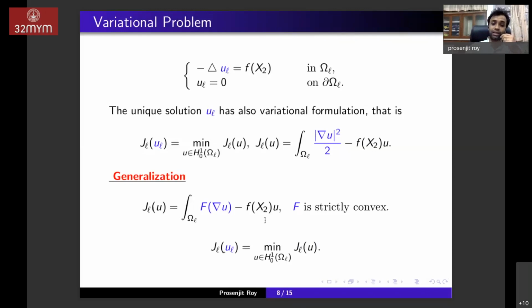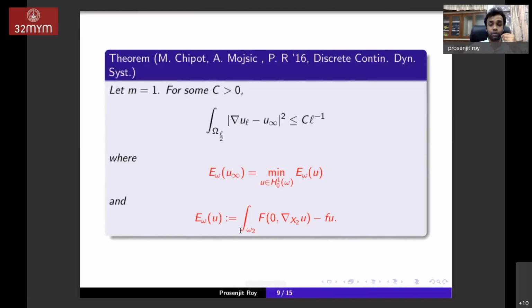But when you generalize, when you make it purely a variational problem, one may not get this equational structure back. So it's a pure variational problem, and we found that in this case also, the solution on the long cylinder is connected to the lower dimensional solution U infinity. U infinity is in H01 of small omega, which is the cross section that I started with in the beginning.